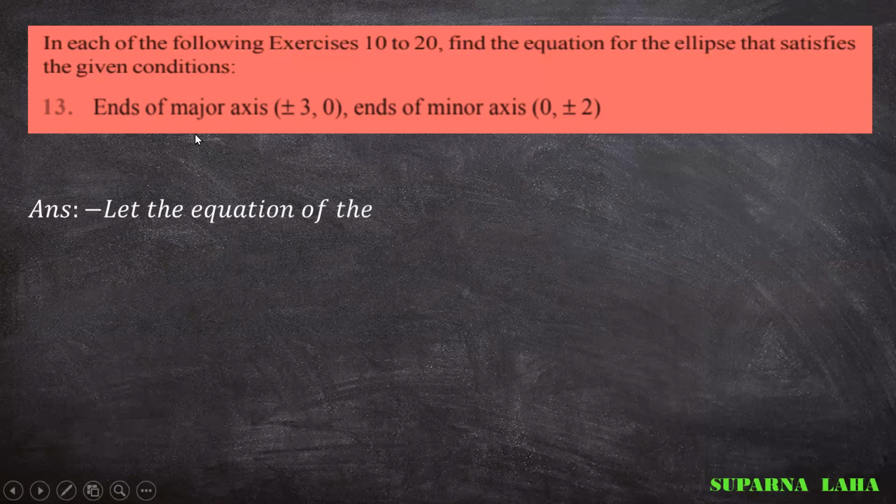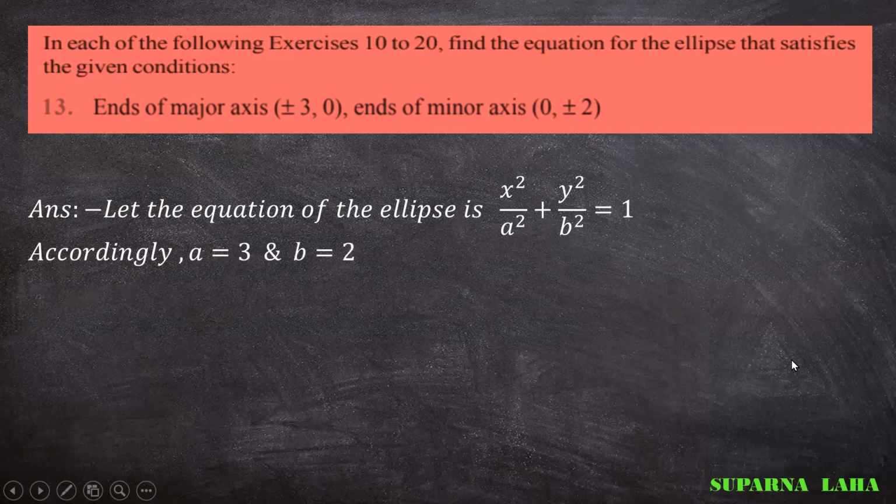So the end of the major axis is plus minus a comma 0, and the end of the minor axis is 0 comma plus minus b. If you draw the ellipse, you can easily find the values of a and b, that is a is equal to 3 and b is equal to 2, where the major axis is the x-axis of the ellipse and the minor axis is the y-axis of the ellipse. So a is 3 and b is 2.